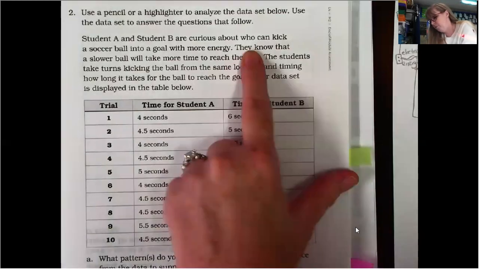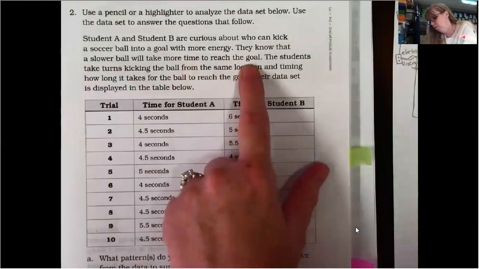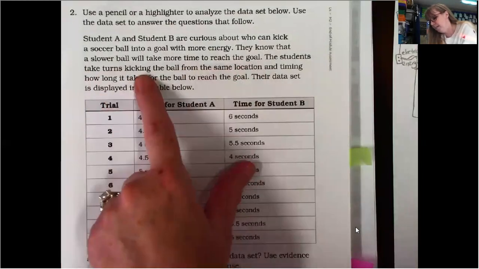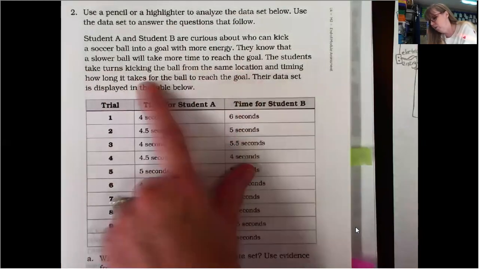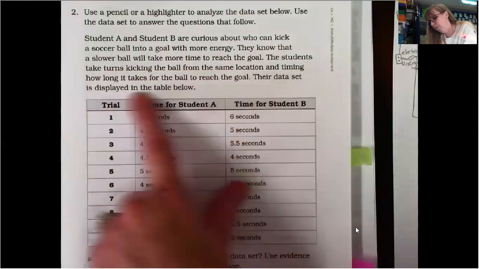Okay, student A and student B. They know that a slower ball will take more time to reach the goal. The students take turns kicking the ball from the same location, because remember we have to have a fair test, and timing how long it takes for the ball to reach the goal. Their data set is displayed in the table below.